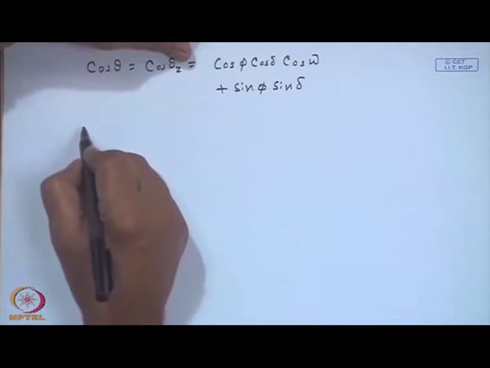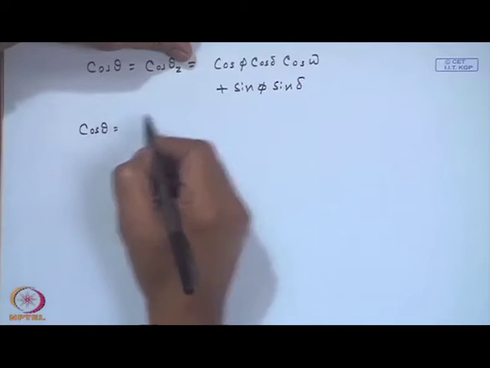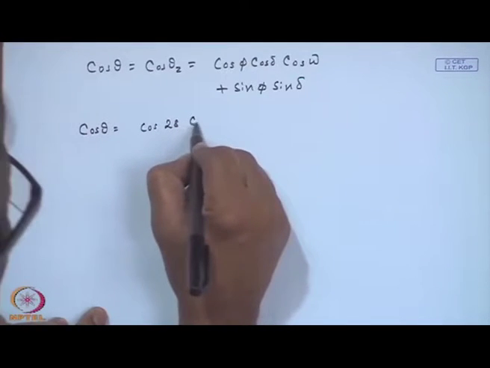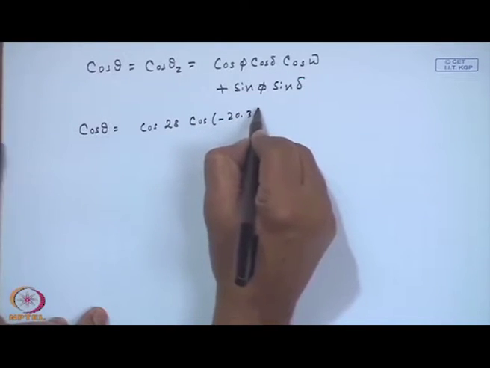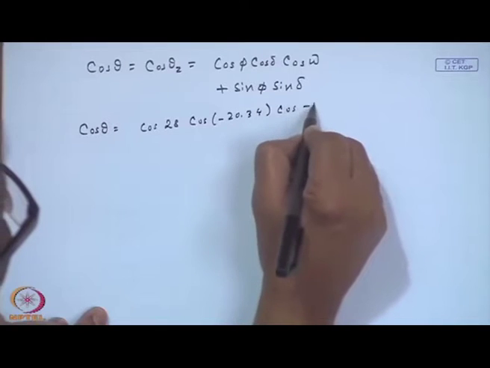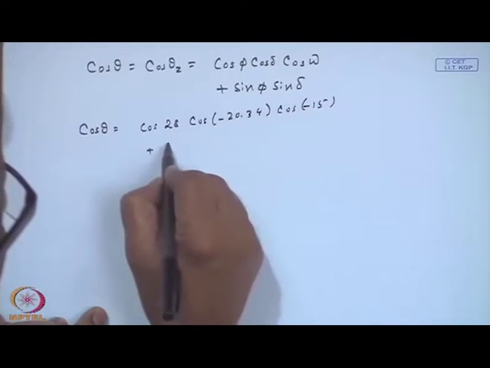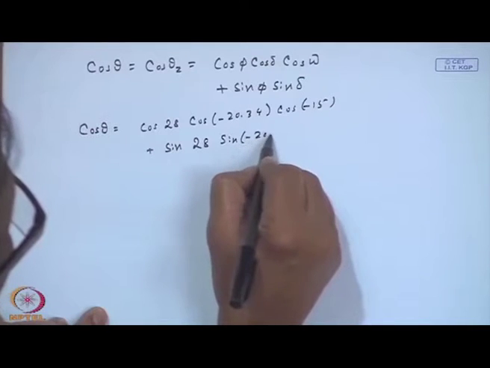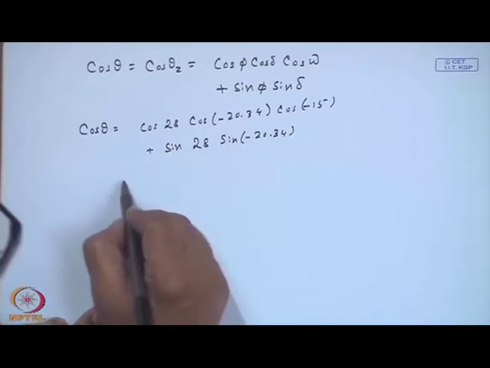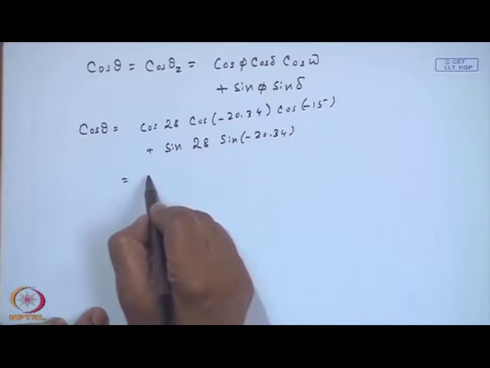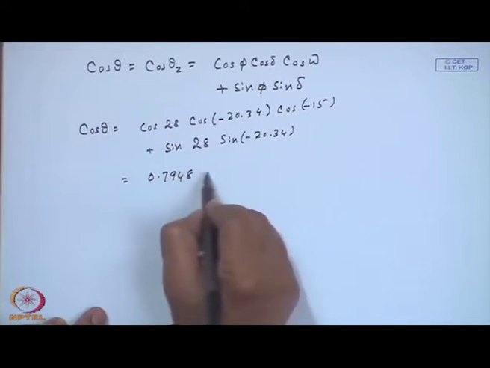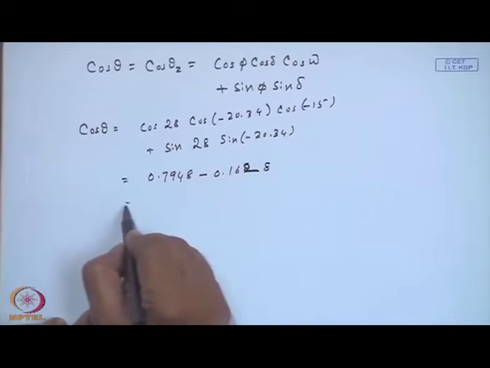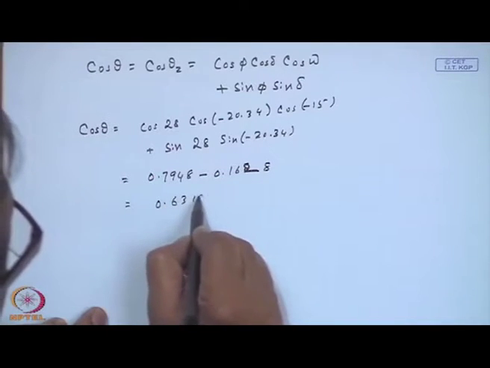So, this should help you to remember these equations like I do, and I shall give a few intermediate steps. So, cos 28 cos minus 20.34 cos minus 15 plus sin 28 times sin minus 20.34 is equal to 0.7948 minus 0.1628 equal to 0.6319.